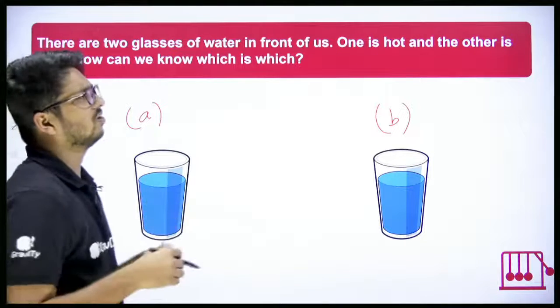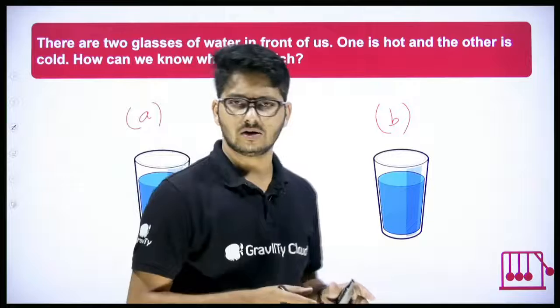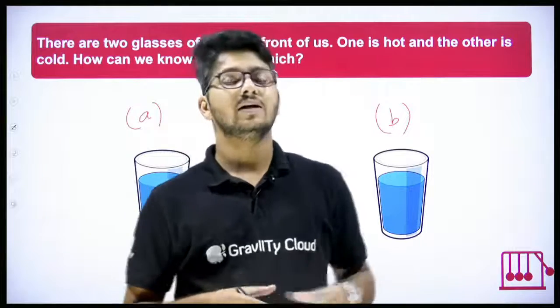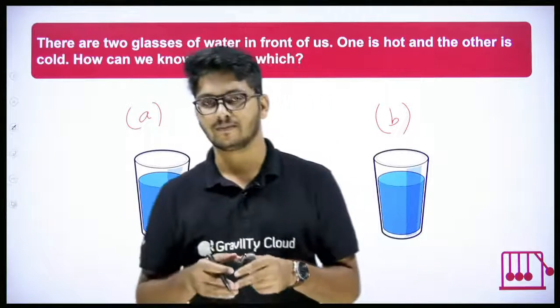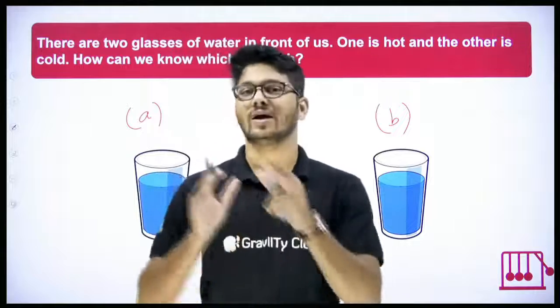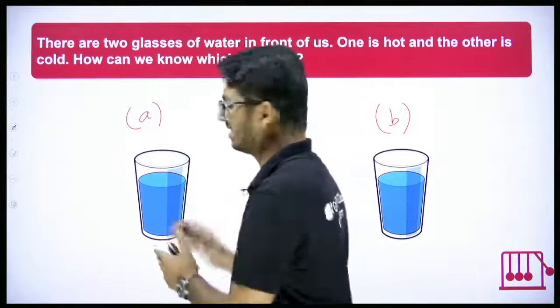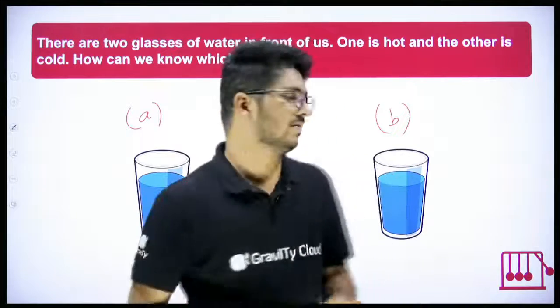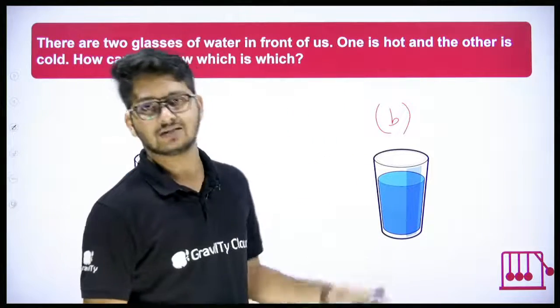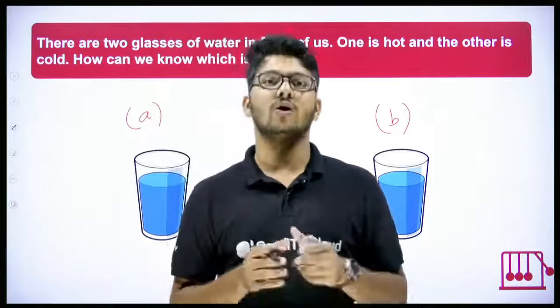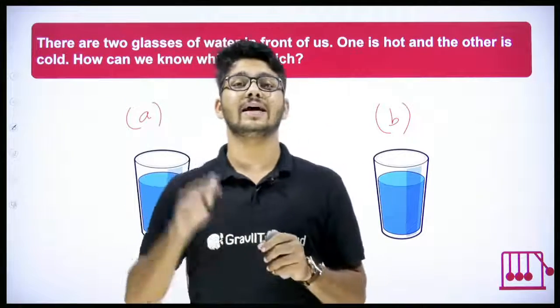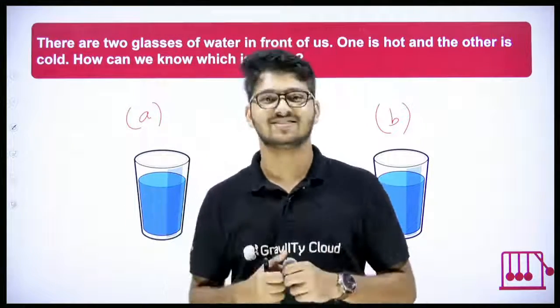Now, let's say it is not very hot, it's not very cold. Then it's very simple, we can touch it. By touching, we can say this glass is hot, because when you touch it, you will feel hot. But when you touch the cold glass, you will feel cold. So you can tell hot or cold by touching the glasses.